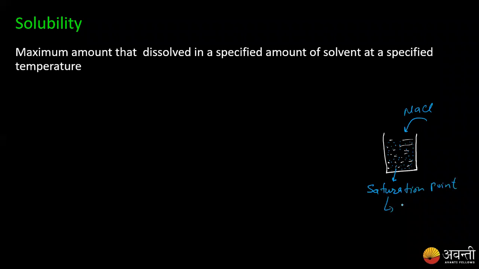From there we call it the saturated solution. And if we have a lesser amount of NaCl, behind that saturation point, then our solution is a non-saturated or unsaturated solution.